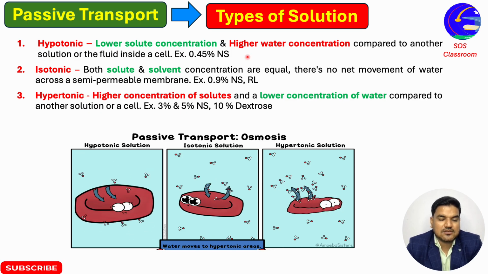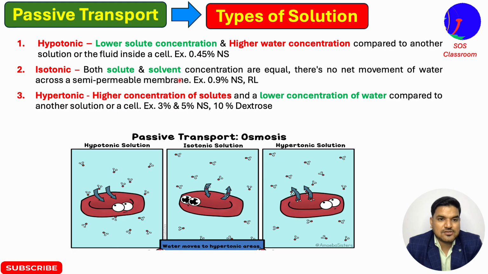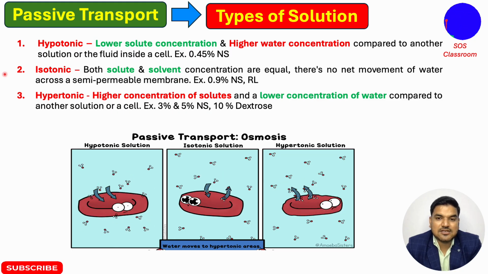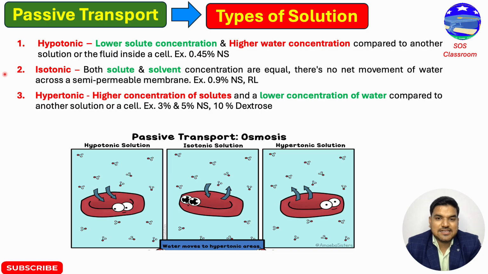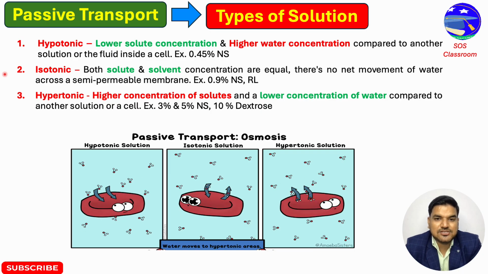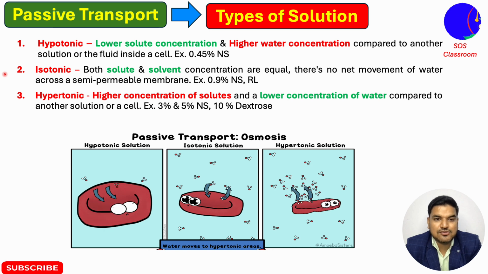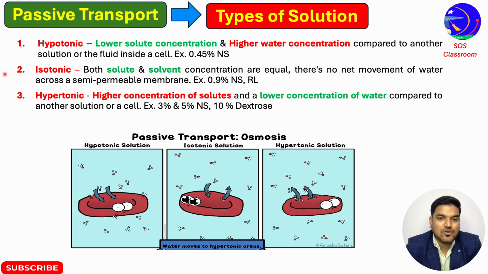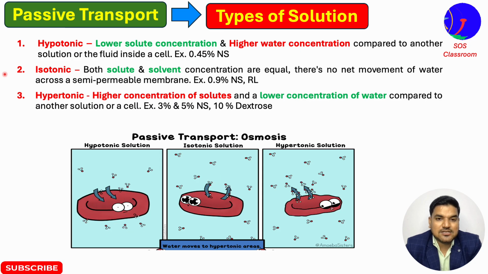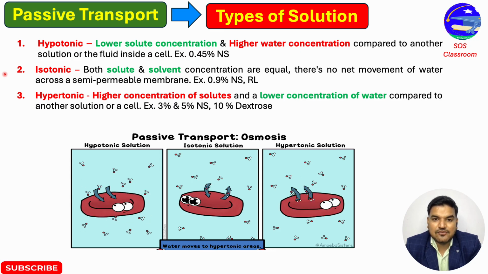Isotonic means equal. Solute and solvent concentrations are equal. If the concentration is equal inside the cell and outside the cell, there is no difference in the concentration of the solute and solvent, then there is no movement of the molecules from one concentration to another. Why?